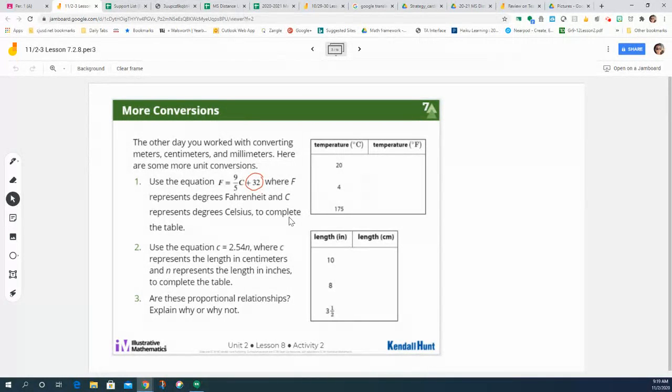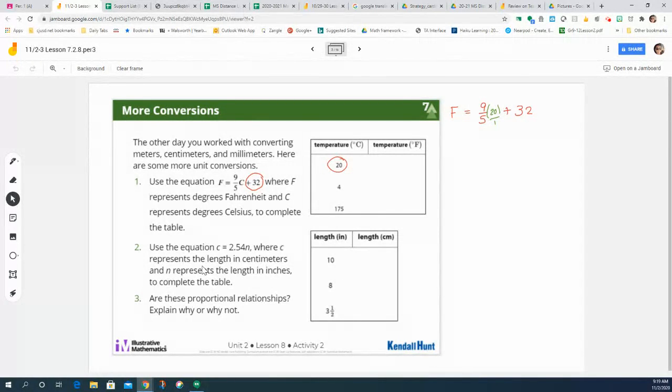So I'm going to take my equation and substitute 20 in for C. Now I can multiply, I can cross cancel.